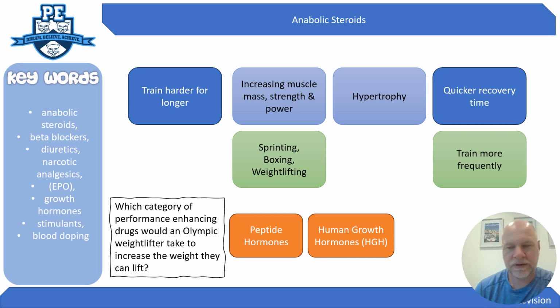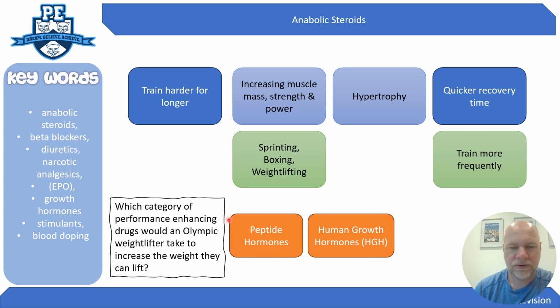Anabolic steroids is probably the most often asked question about performance enhancing drugs, and sometimes in addition to anabolic steroids, we see the terms peptide hormones and human growth hormones, which essentially have similar traits to anabolic steroids. So I've stuck them in here just to save time.